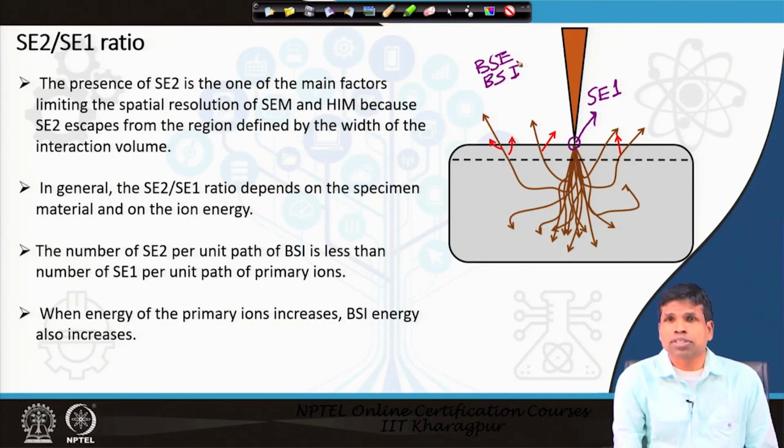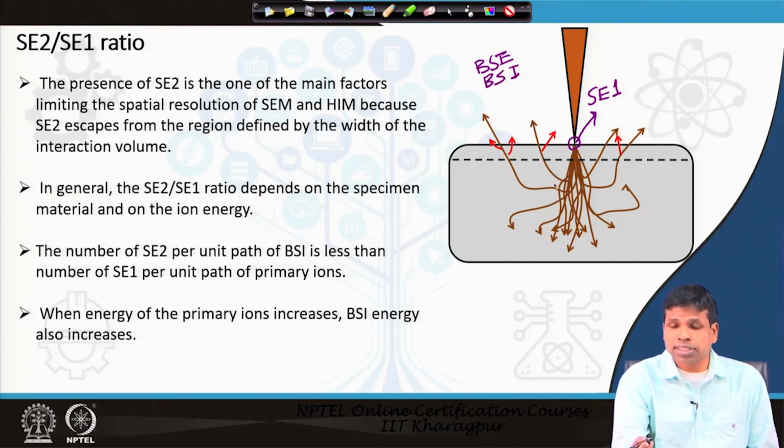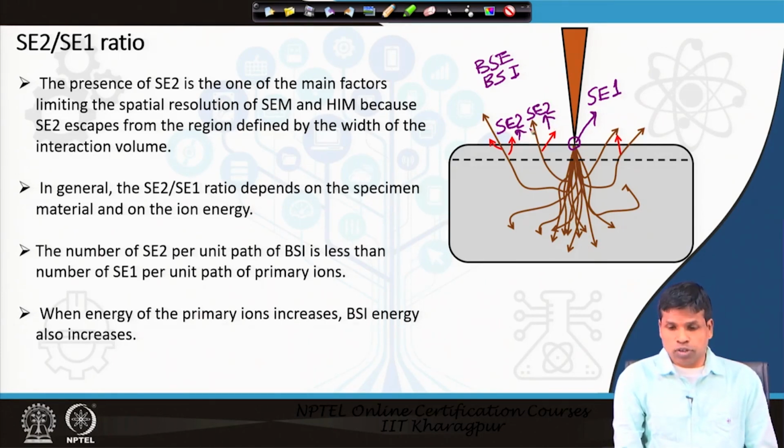When those electrons come out of the specimen, by that time they have interacted with the specimen, and their energy becomes less. When the energy of those ions and electrons becomes less, they can produce more SC2. These are SC1 and SC2.